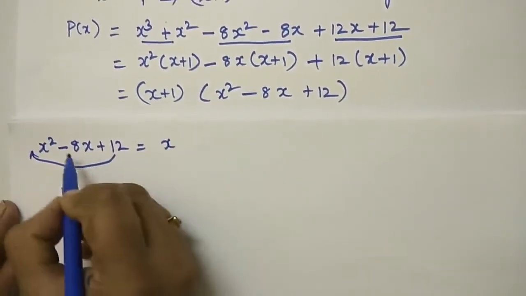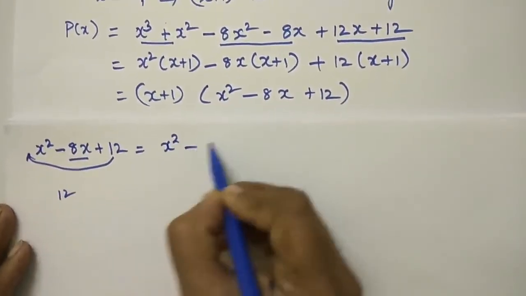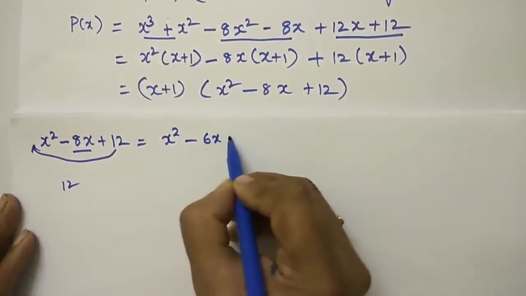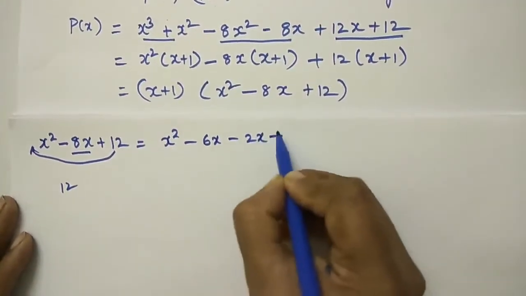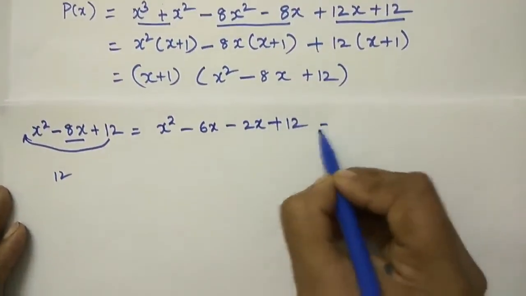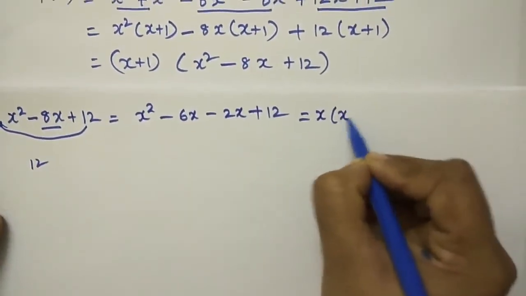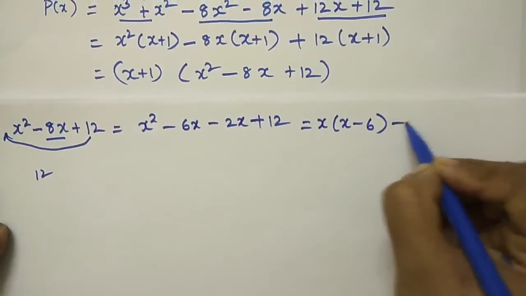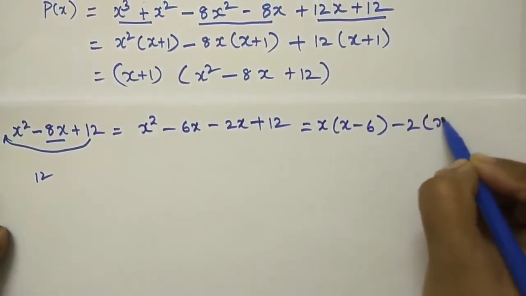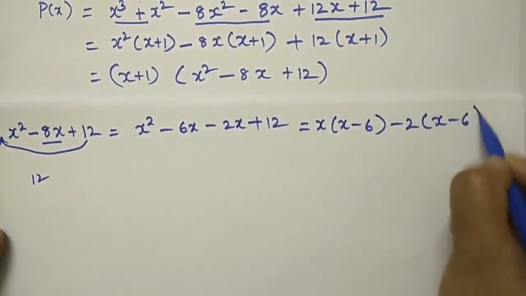So I will split this middle term. Minus 6x minus 2x plus 12. Now I will take x as common. I will get x minus 6, minus 2 into x minus 6. Is it?